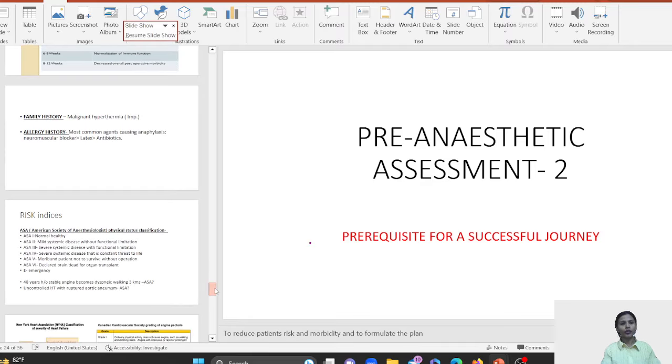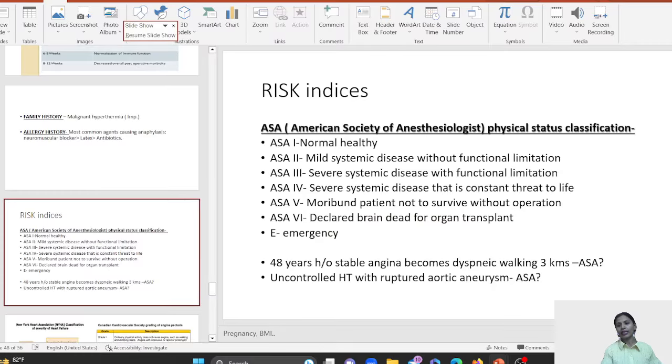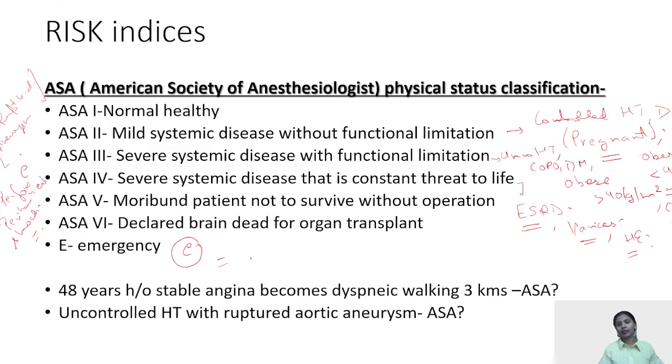So this patient falls into which category? This patient will fall into the category of ASA 3, right? Because there is a systemic disease with functional limitation, because the patient is becoming dyspneic.